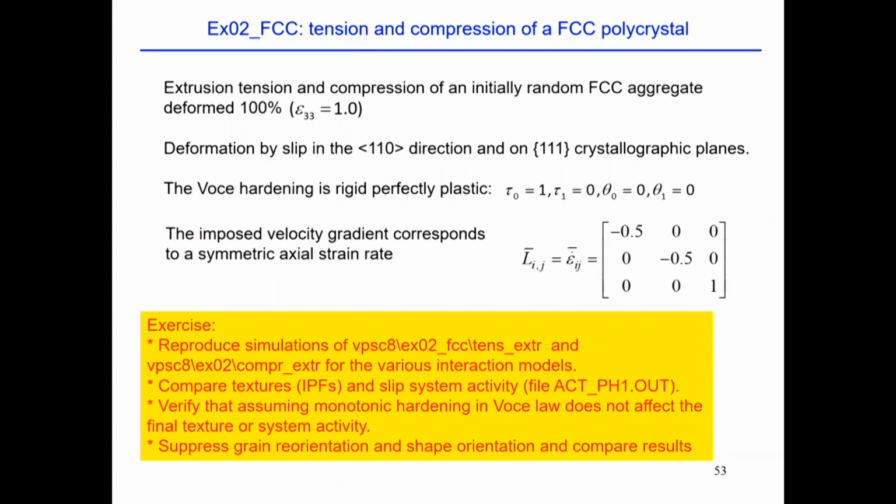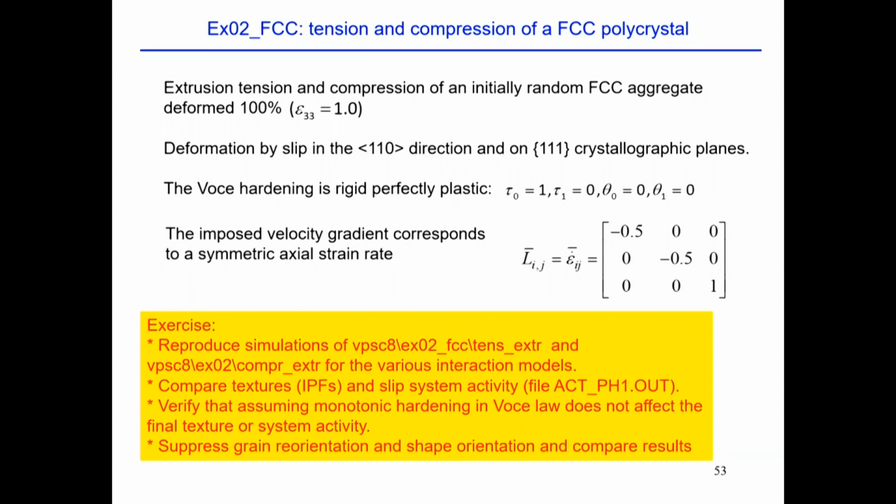We go back to the problem that we want to solve here, which is to simulate extrusion, tension, and compression. I mean, compression is not extrusion; it would be more axisymmetric. So simulate deformation where the lateral strains are the same.